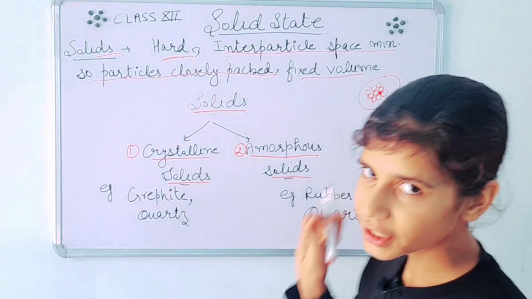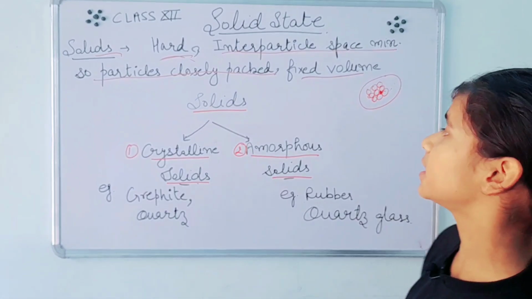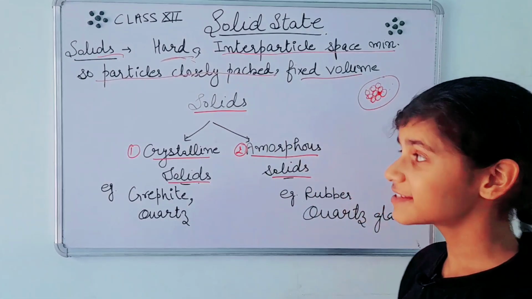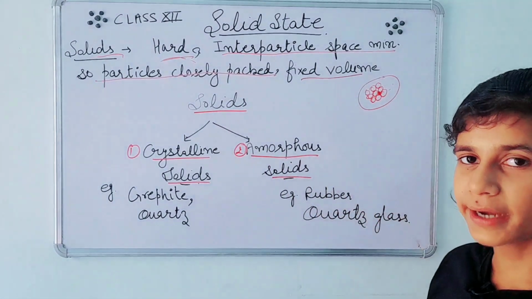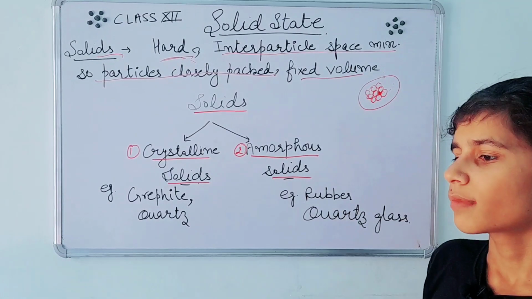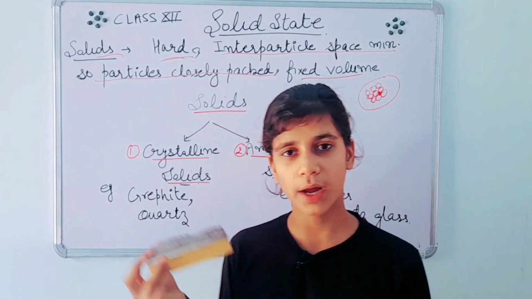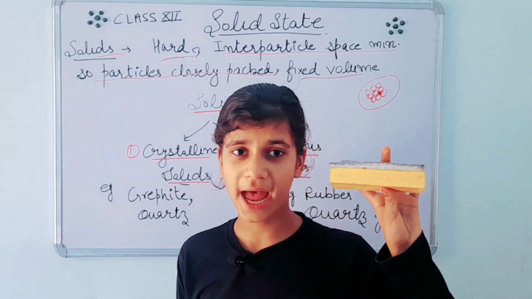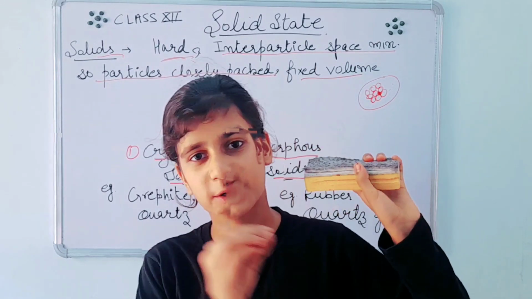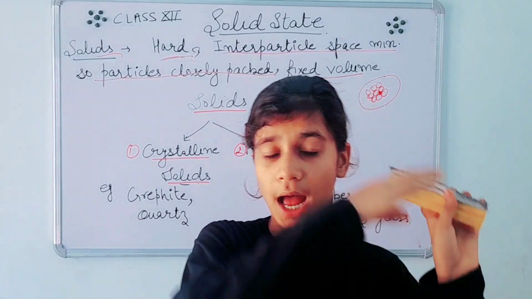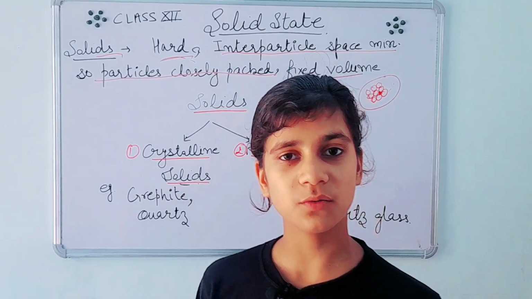They are joining to each other. And the next point is fixed volume. Means if I put this solid in one room and then take it to another room, it will take the same space which it occupied in the first room. So solid has fixed volume.